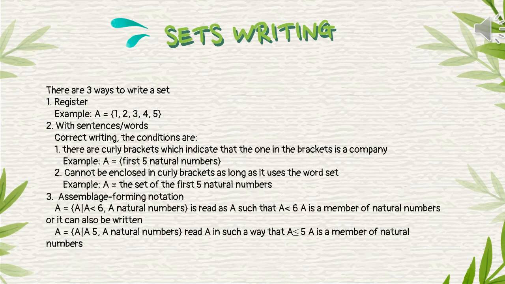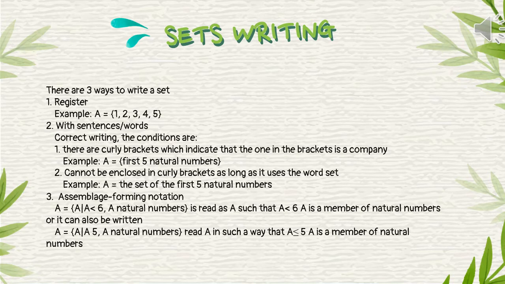Set writing. There are 3 ways to write a set. 1. Roster. Example, A is curly bracket 1, 2, 3, 4, 5 curly bracket. 2. With a sentence or words. Correct writing, the conditions are: 1. There are curly brackets which indicate that what is in the brackets is a set.